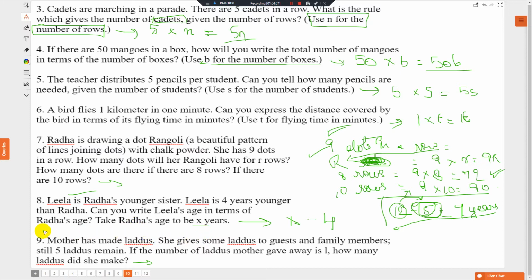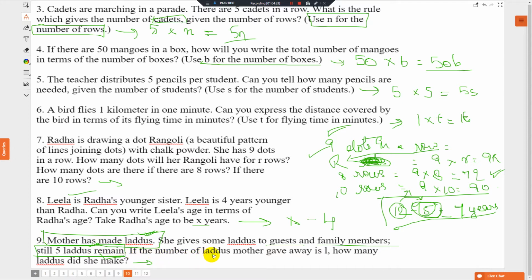We don't know how many laddus she made, and she gave a few of them to the guests and family members. But still 5 laddus remain. After giving to guests and family, she observed that 5 laddus remain.